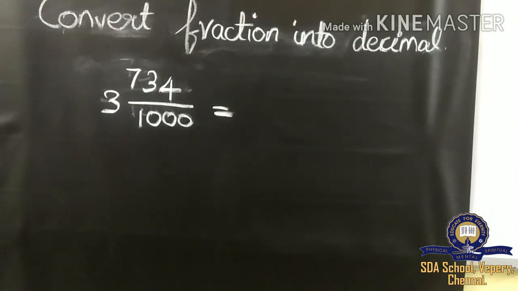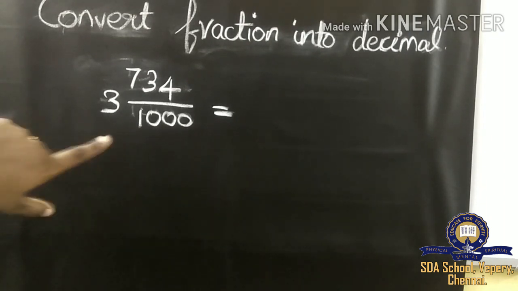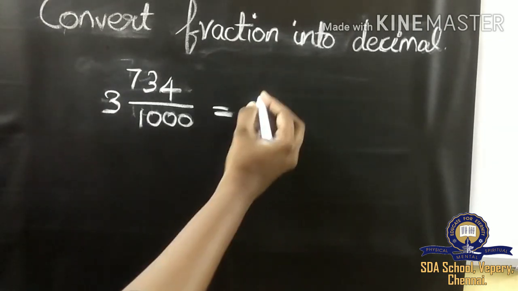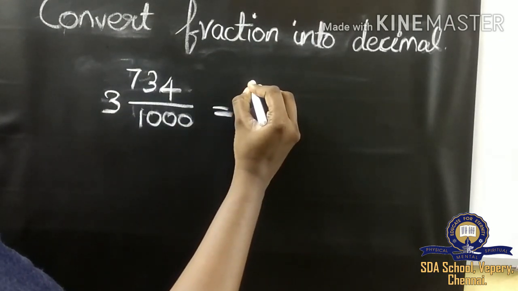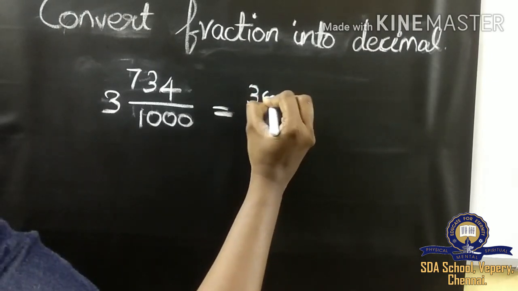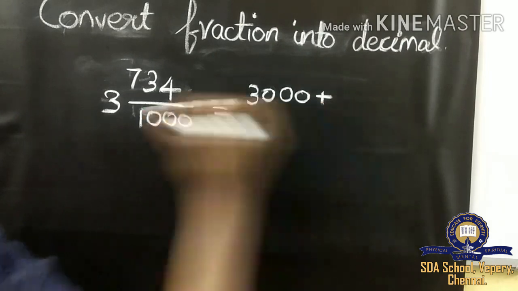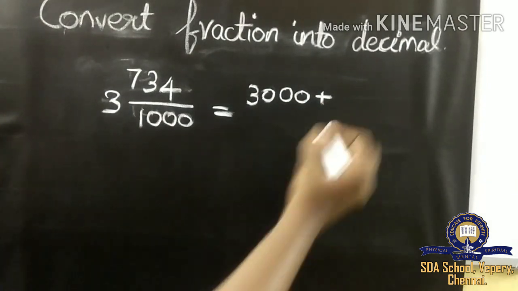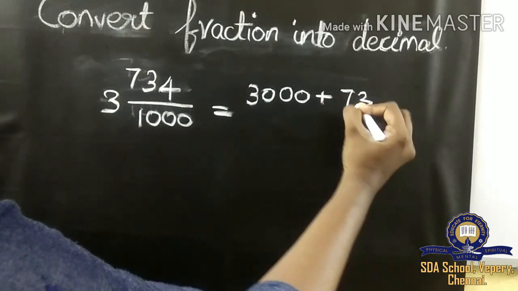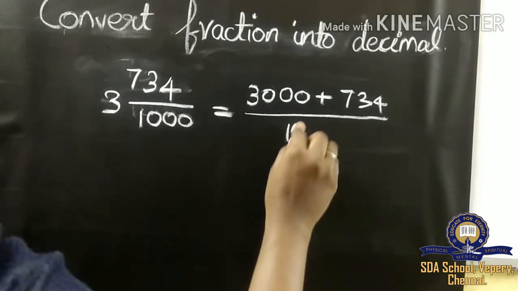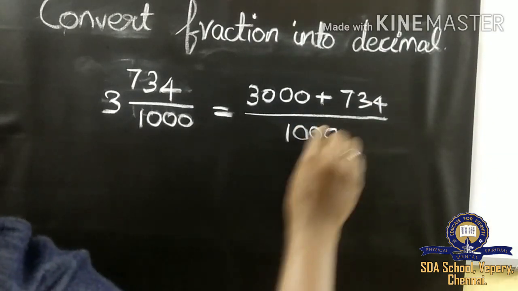If the given fraction is a mixed fraction, we should convert this into an improper fraction, right? How will you convert? You should multiply the denominator into 3, right? What will be the answer? 3 into 1000, 3000, plus 734, divided by 1000, right?